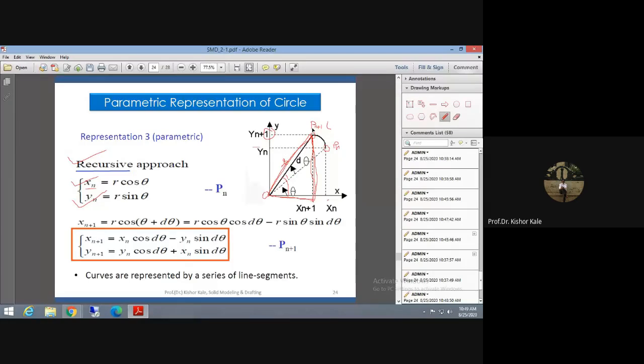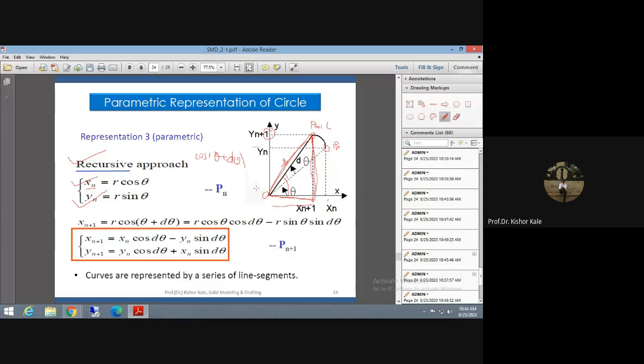What will be the value of xn plus 1? How will we write this? Cos of theta plus d theta, this angle, will be adjacent upon hypotenuse.